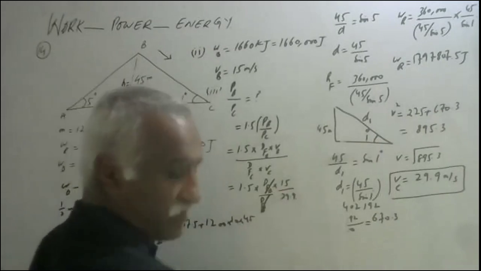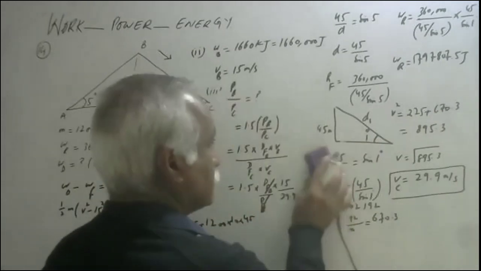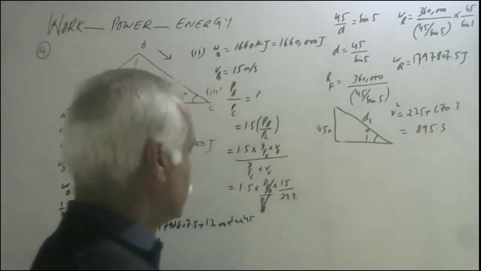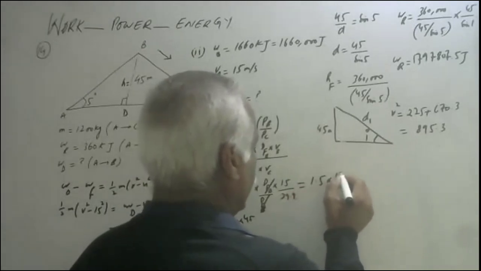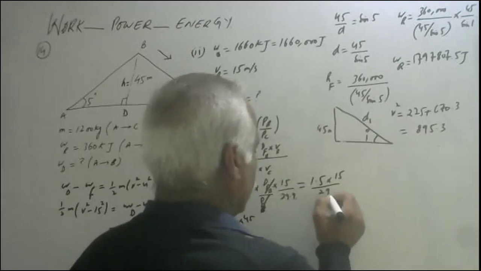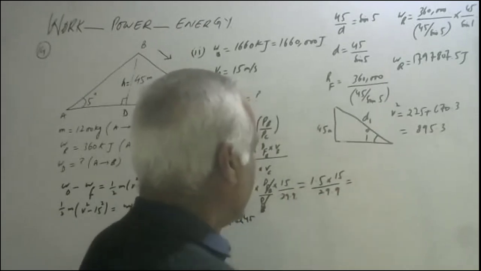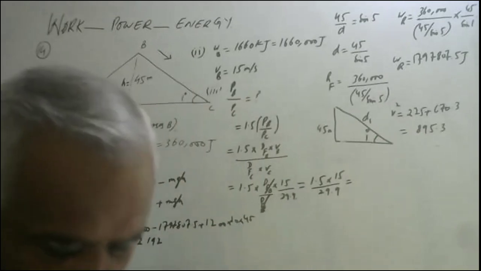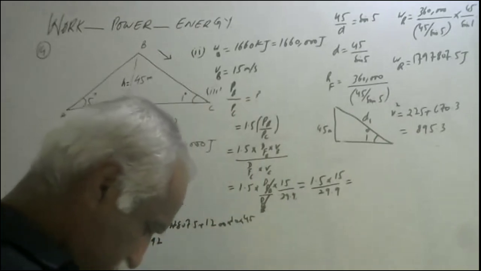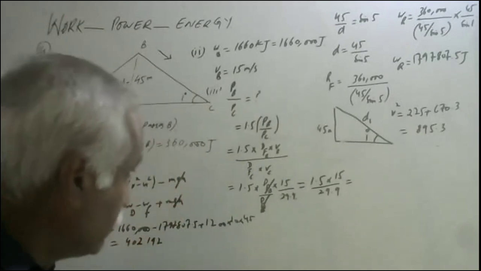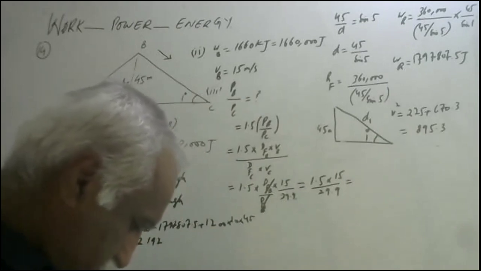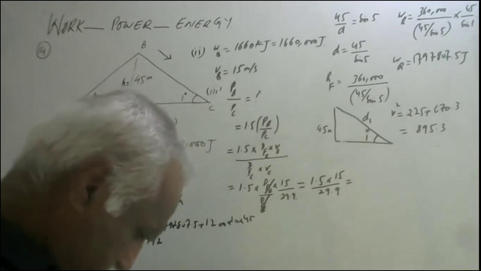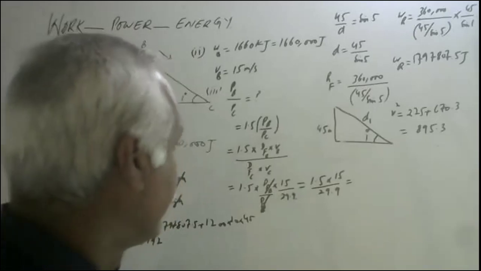So finally it will be left equal to 1.5 into 15 over 29.9, and this value is equal to 0.75.